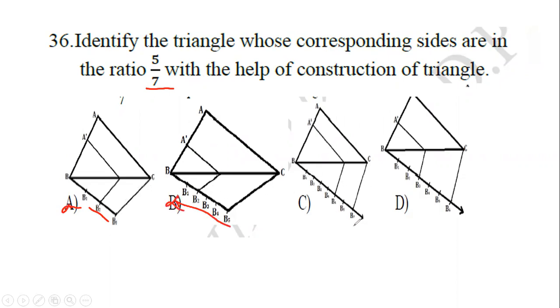Here count: 1, 2, 3, 4, 5, and again from here to here is 7. Here to here is 5, here to here is 7. So you are getting 5/7. Option C is correct. Next sum.